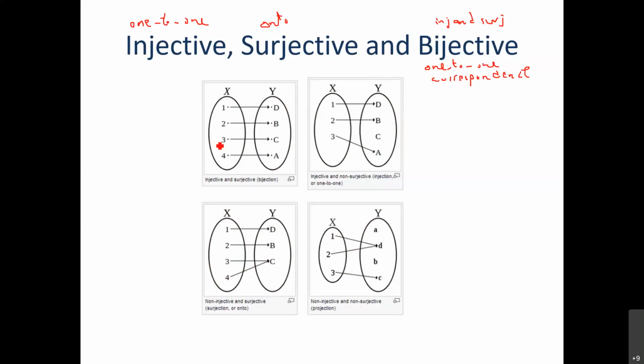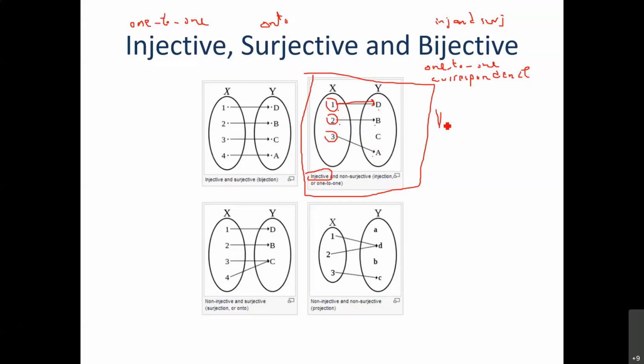Well, let's see what injective means first. So this image is about injective. It simply means every element here has a distinct mapping. So 1 points to B, 2 points to B, 3 points to A. They're all distinct.